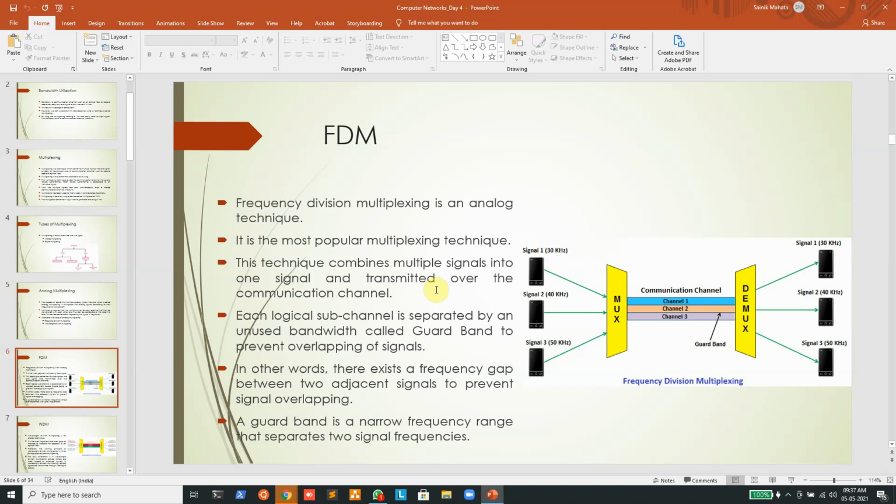And generally we have a band between, for example, 89 point something to 107 point something. So suppose this is the communication medium through which we will send the data.